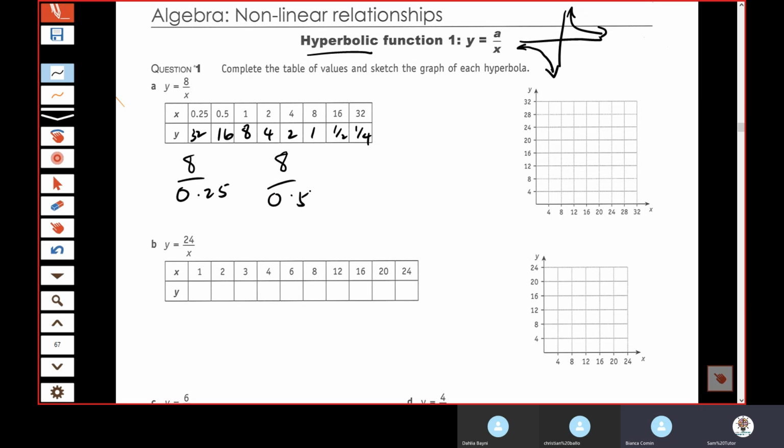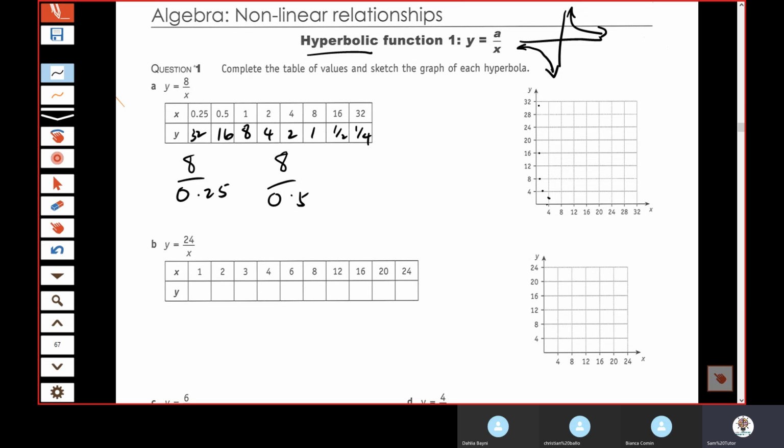So we graph this. You can see at x is 0.25, y is 32. At 0.5, it's 16.